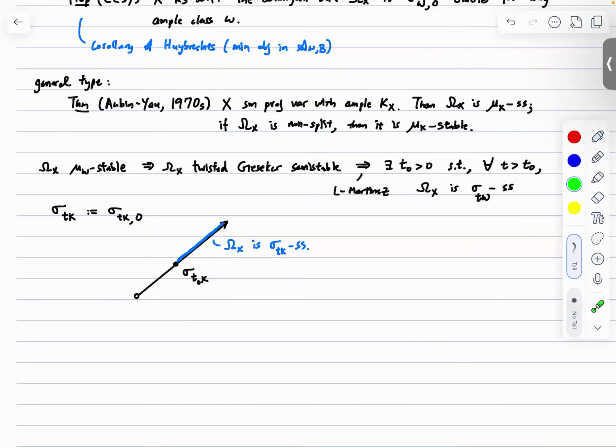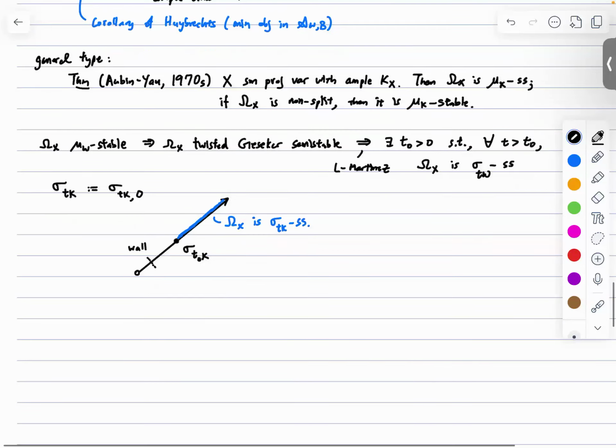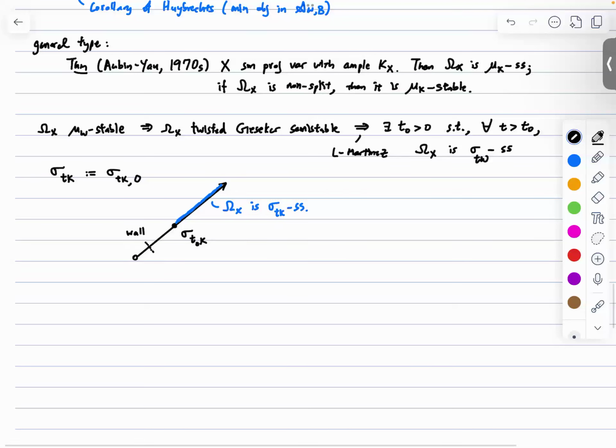But this cutoff point may not be optimal, in the sense that from the theory of stability, there's actually a cutoff point that may be even lower. That's what we call a wall or mini wall in stability conditions, such that for every stability upwards from that point, we know the cotangent bundle is Bridgeland semi-stable.